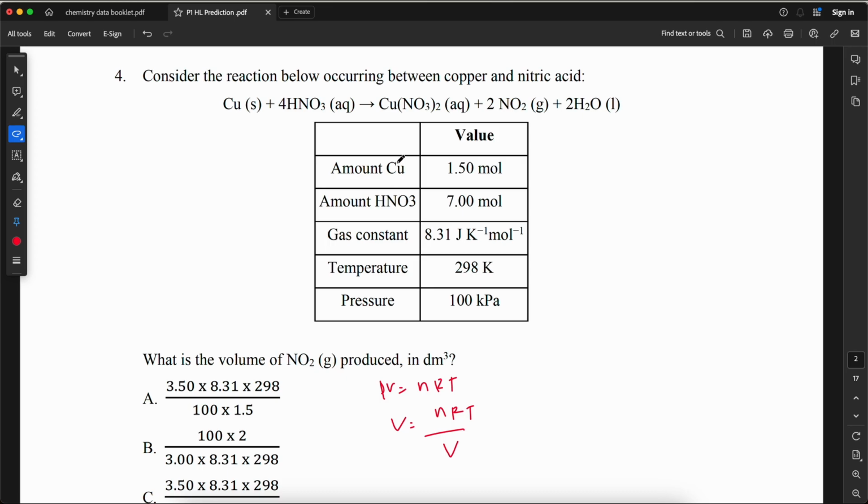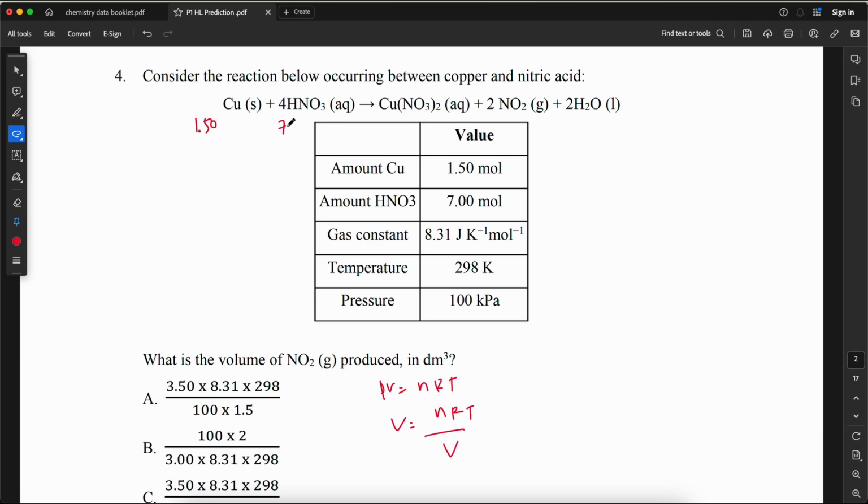So one of these should be acting as a limiting reactant. For copper it is 1.50 mole, for nitric acid it is 7 mole. So for 1 Cu it is 1.50 mole, but for nitric acid it is 7 mole.